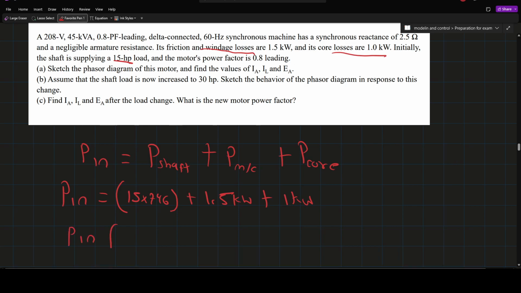And this gives us a total power in of 13.69 kilowatts.